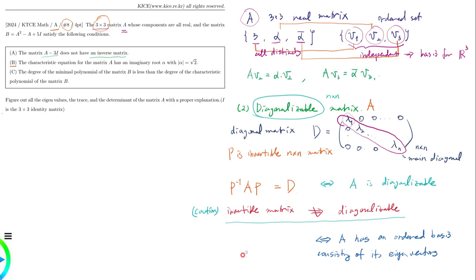And to be more specific, this invertible matrix P can be achieved by positioning the eigenvectors on its column vectors, from v1, v2 to vn.